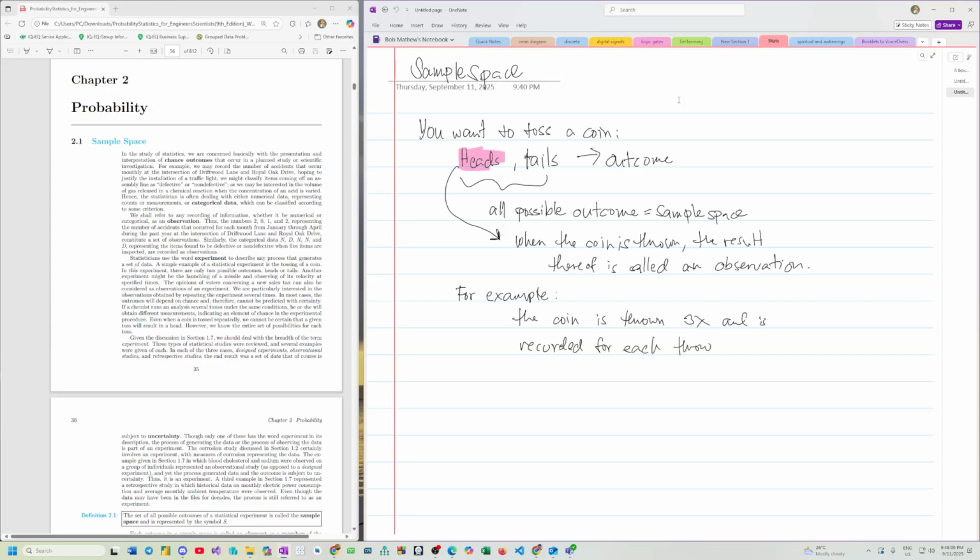So the record, ganito yung lumabas: heads, heads, tails. Okay. So what is the sample space?